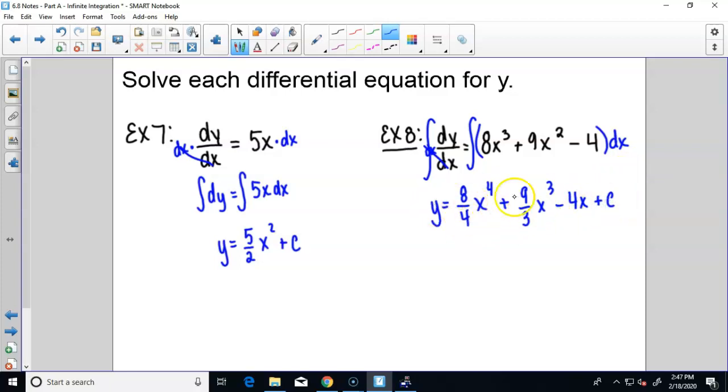Now, obviously, we wouldn't want these fractions that can be simplified, so we would write this as 2x to the fourth plus 3x to the third minus 4x plus c. Okay, questions here?